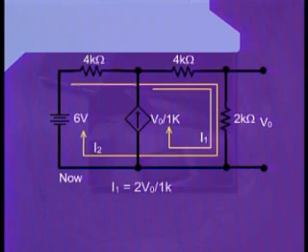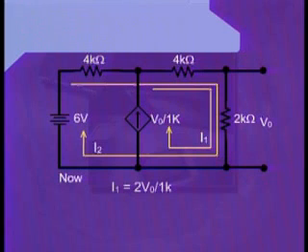Now if we write the value of the current I1 flowing through the mesh number 1, we can see that this is the only source which is providing the current for the mesh number 1. Hence, very safely, we can write I1 is equal to 2V0 divided by 1K.